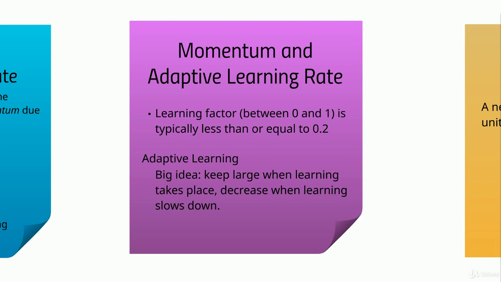We don't want to make as big of jumps because at this stage, we don't expect big jumps in improvement. So adaptive learning is one way that we can really speed up convergence. We make large jumps at the start to get closer quicker, but at the end we lower the learning rate so that we don't make inappropriate or inaccurate jumps.